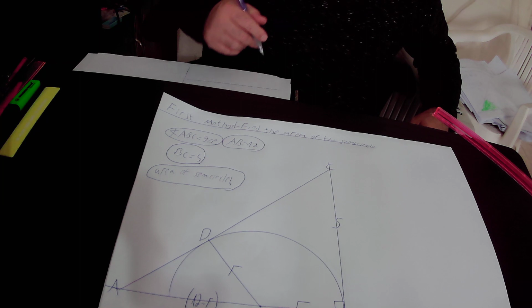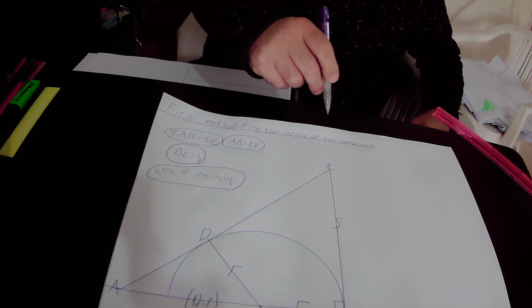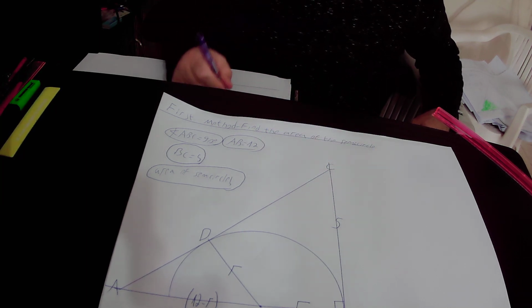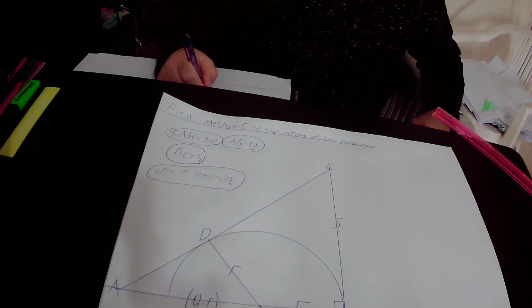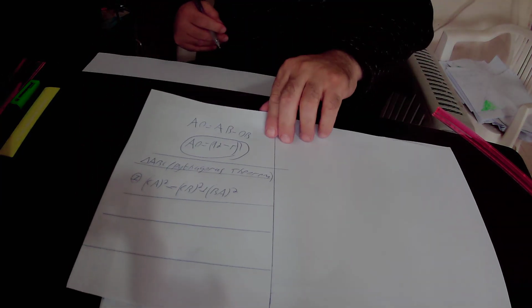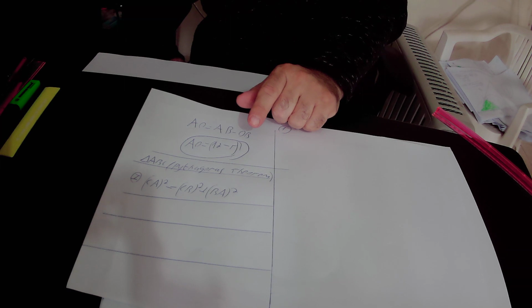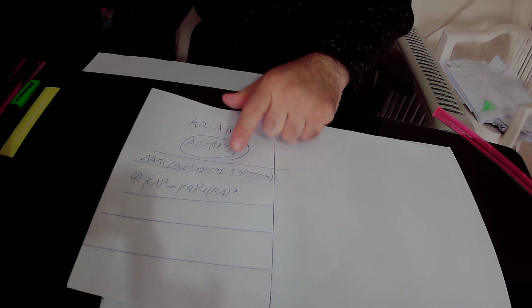So the square of the hypotenuse is CA square and it equals the sum of the squares of the perpendiculars, that is to say it equals CB square plus BA square. I will repeat again. In the right triangle ABC, according to the Pythagoras theorem, the square of the hypotenuse equals the sum of the squares of the perpendiculars, that is to say CA square equals CB square plus BA square.